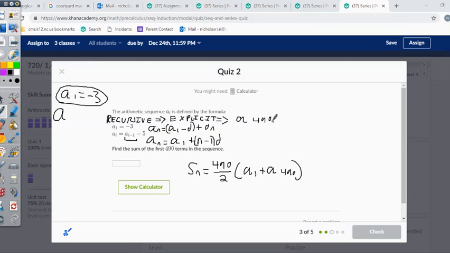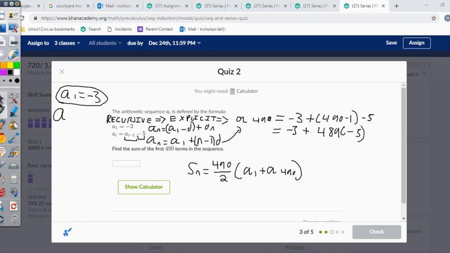So A490 is equal to A1, negative 3, plus n minus 1, 490 minus 1, times d, and here our d is negative 5, right? Our common difference is negative 5. So that's going to be equal to negative 3 plus 489 times negative 5.